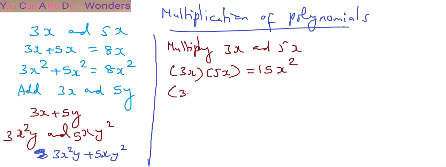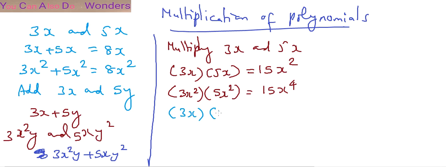Similarly, 3x square into 5x square. Same, 3 into 5, 15, and x square into x square is x power 2 plus 2, 4. So 15x power 4. Hope it's clear. Now how to multiply 3x and 5y? 3x into 5y.